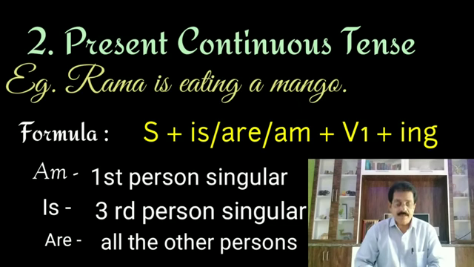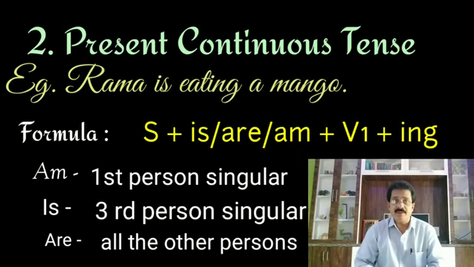Then second person singular: you are eating a mango. Second person plural also: you, all of you, are eating mangoes. Then third person plural also: they are, these are, those are eating mangoes.